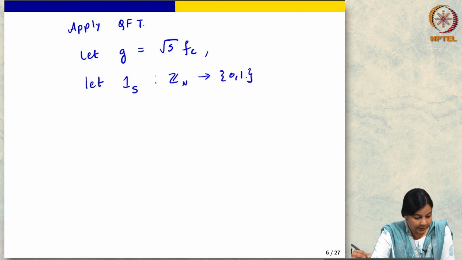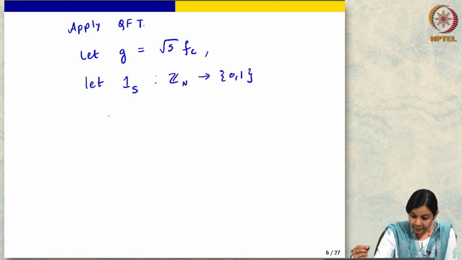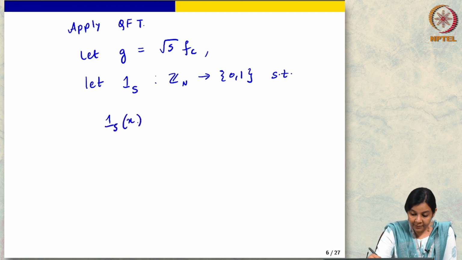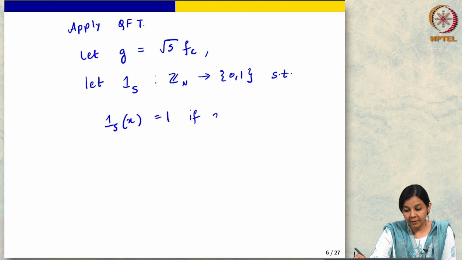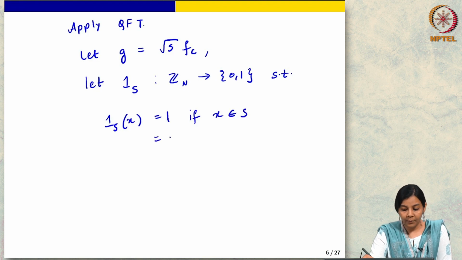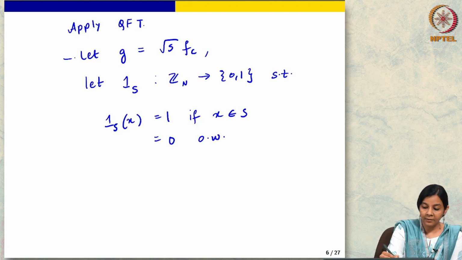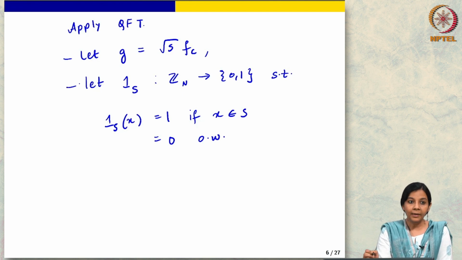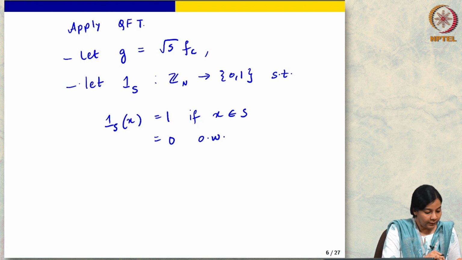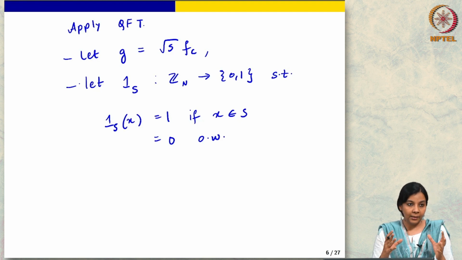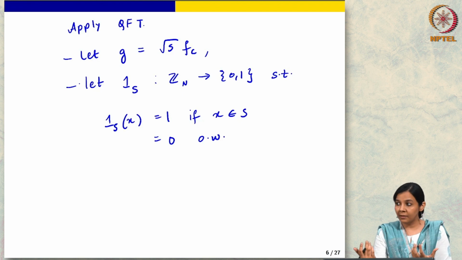What this means is that 1_S of x will be 1 if x is in S, and otherwise it will be 0. So, this is just a simple membership testing function. So, we are just setting up some notation, right. So far so good, okay, good. So, now as I said, we want to show that essentially whatever we get after applying the QFT is independent of the color.